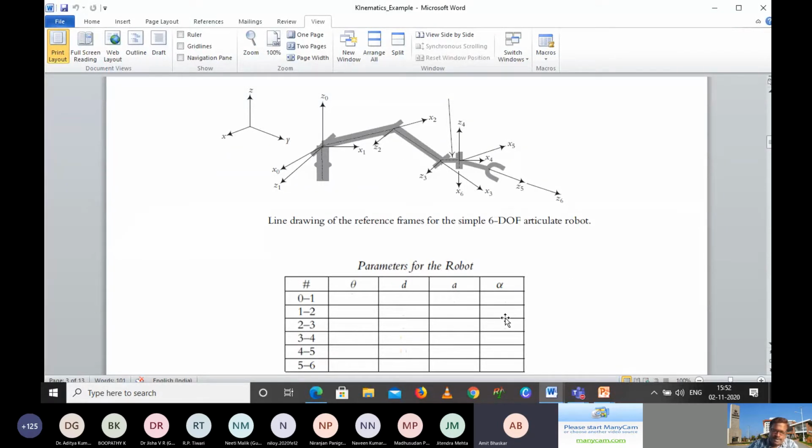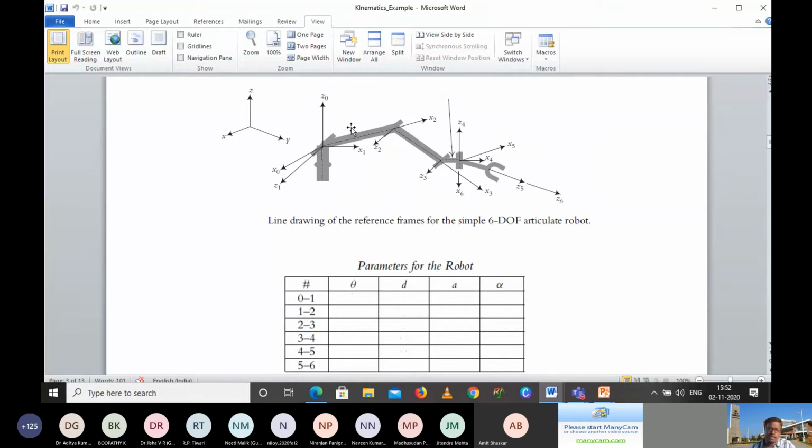Again, I am repeating the second one, sir. You can understand much better. So theta 2 will be there. D won't be there because we don't have any distance along Z axis. We will have the parameter A2 because we are having a horizontal distance along x axis between Z1 to Z2. And then we won't have any alpha also because we don't have any inclination with respect to Z1 or Z2.